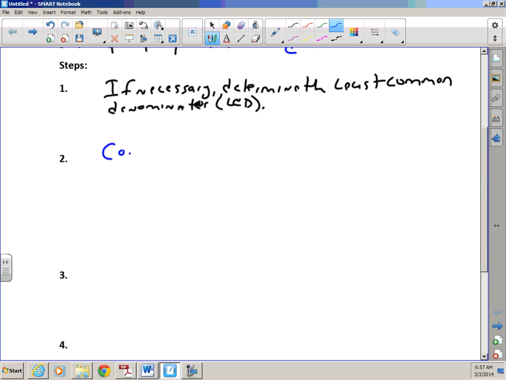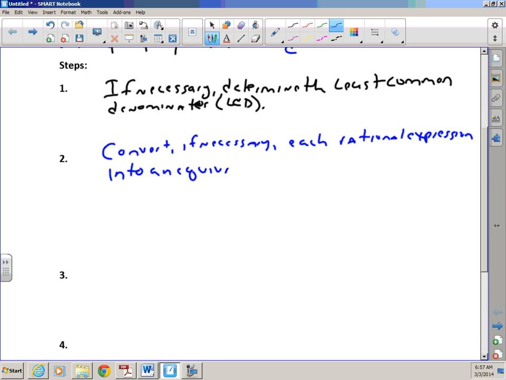Step 2: convert, if necessary, each rational expression into an equivalent fraction with the same denominators.